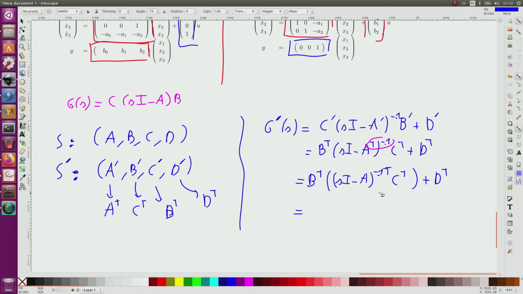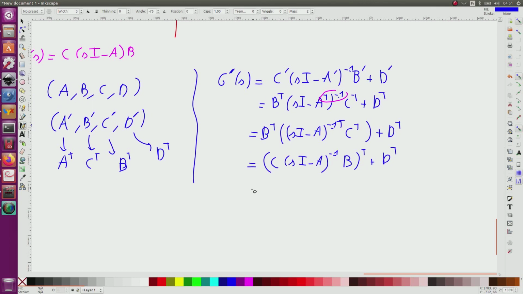Since when I have a product of two matrices, if I transpose them, then I have also to permute the matrices. This is why here I will factorize the transpose and get C (sI minus A) inverse B, all transpose. So I have factorized the transpose and I have to permute the matrices, plus D transpose.